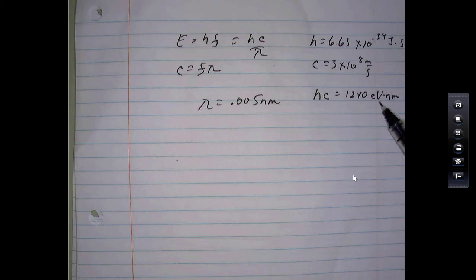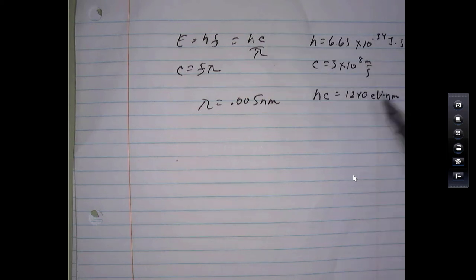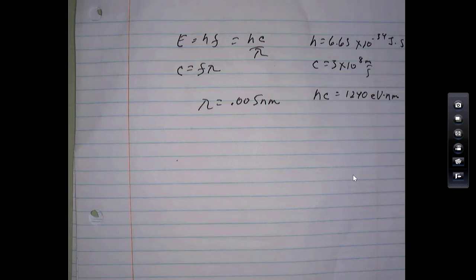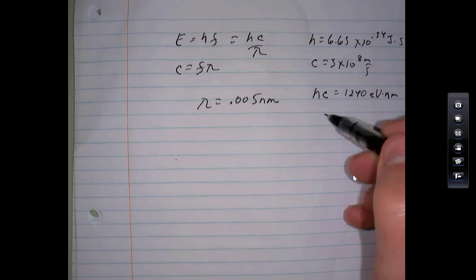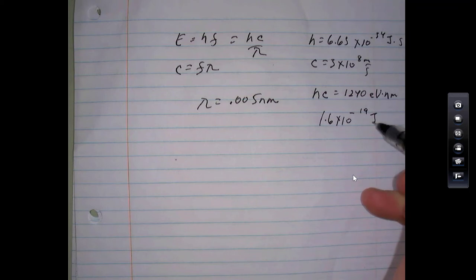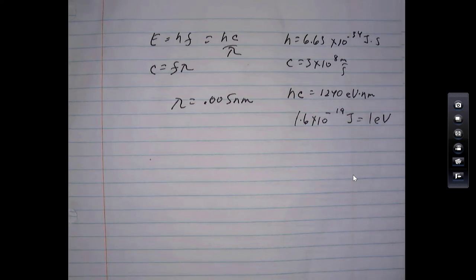So you could take this and plug it in here for hc. It's already multiplied out. So if the wavelength is given in nanometers, it's a pretty easy calculation. Okay, remember that 1.6 times 10 to the minus 19th joules is 1 electron volt also. Okay, just a different unit of energy.